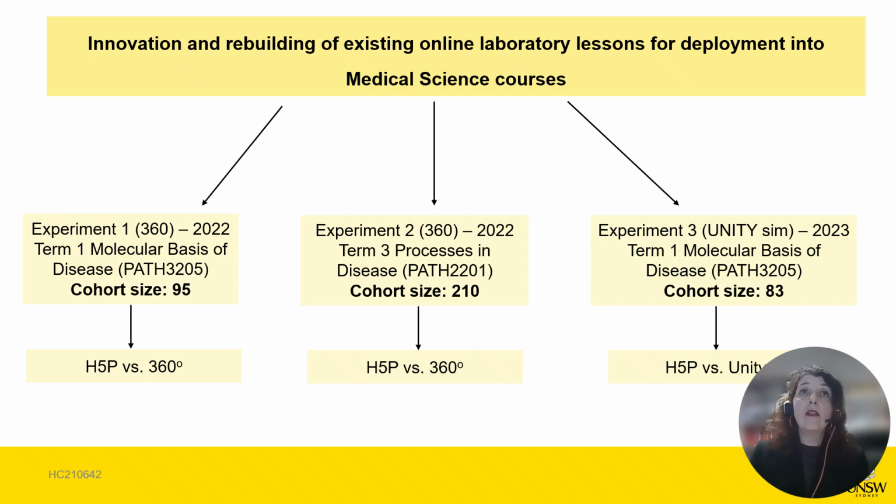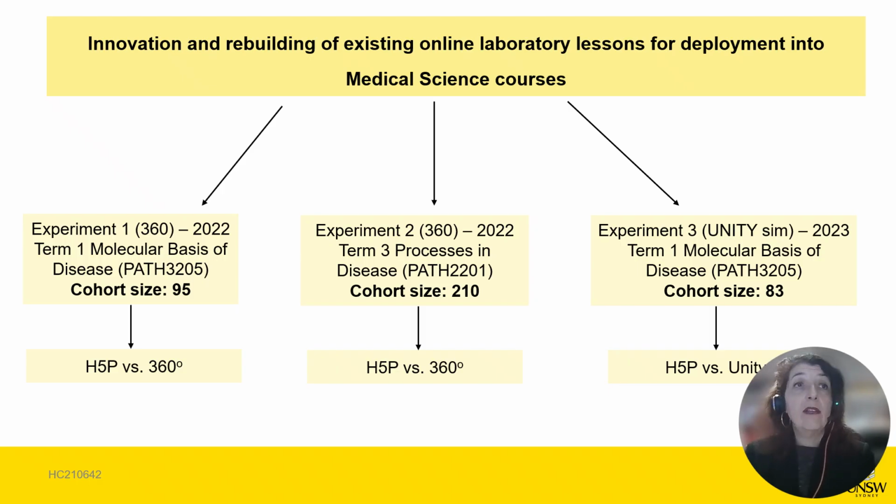So we decided as part of this project to rebuild and re-innovate some of these lessons that we already had as simulations. The first experiment and the third experiment are what we were going to build up and use in our third year pathology course, where we taught cancer cachexia to third year undergraduate students.